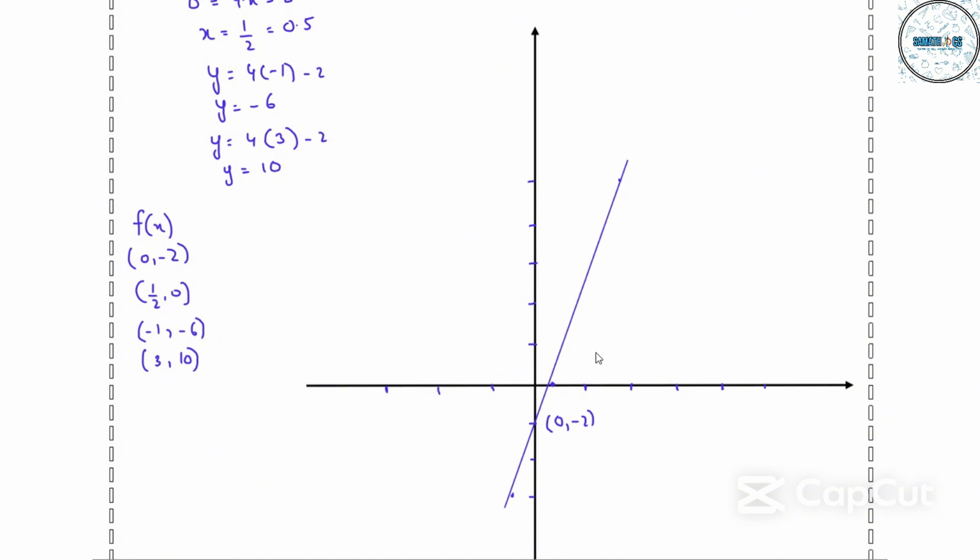We have to draw the line y is equal to x as well. So we have 2, 2 here, 4, 4 here, 6, 6 here, -2, -2 here, -4, -4 here. Now we have to draw a line passing through these points.